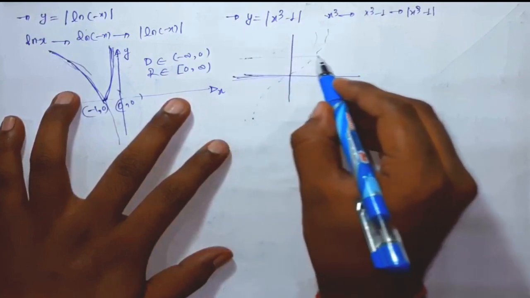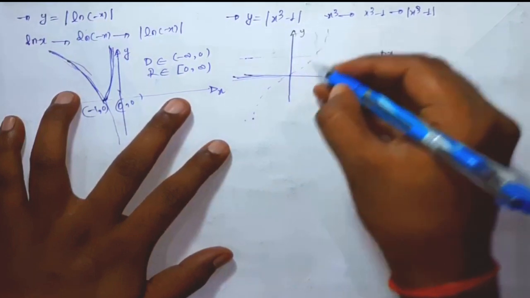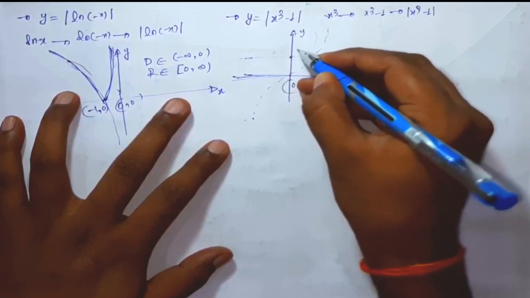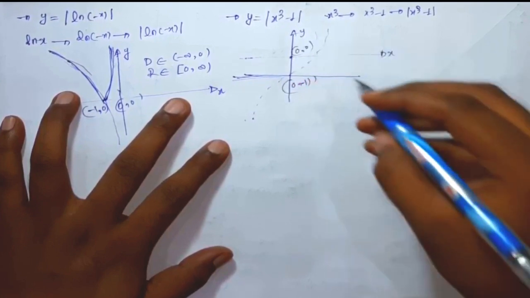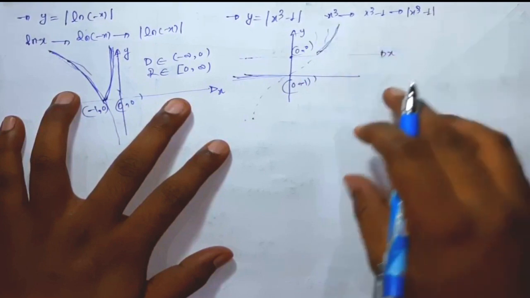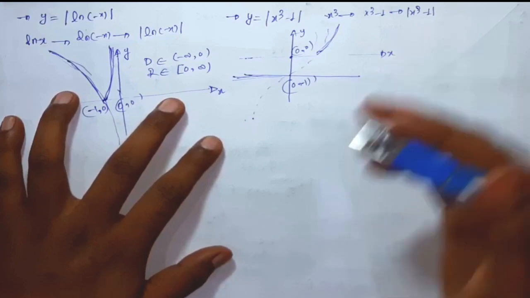This is the x-axis, this is the y-axis, this is 0 comma minus 1, this is the origin 0 comma 0. So we have just shifted the graph of x cube by a distance of 1 in the negative direction.